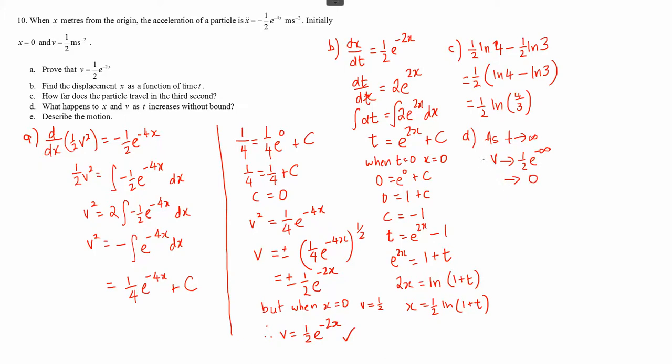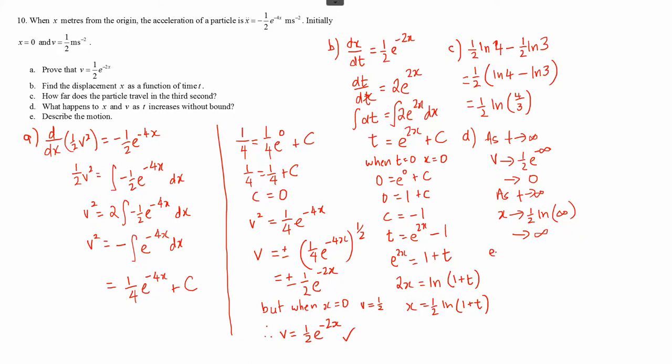It also asks what happens to x as t approaches infinity. If we look at our expression for x, as t approaches infinity, x is going to approach a half ln of 1 plus infinity, which is infinity, and so x is also going to approach infinity. This number just gets bigger and bigger.